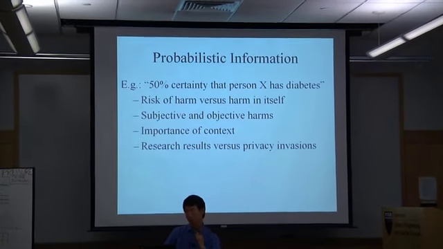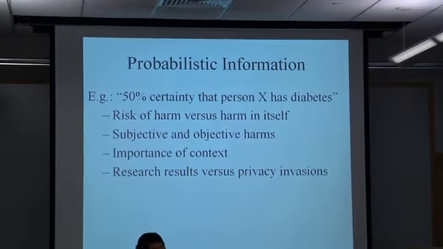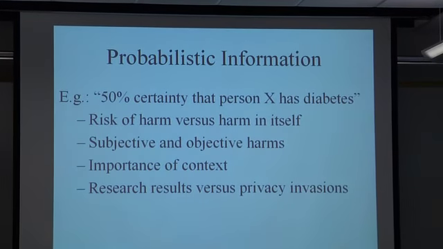OK. This question of identifying the threats also feeds back into the question of whether, and to what extent, we should regard probabilistic information as ultimately harmful. Now, it's of course true that differential privacy is trying to essentially eliminate all forms of probabilistic information.